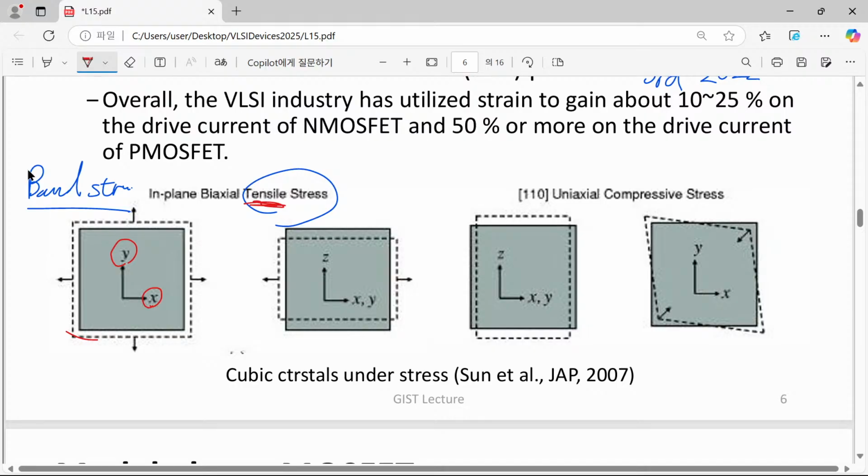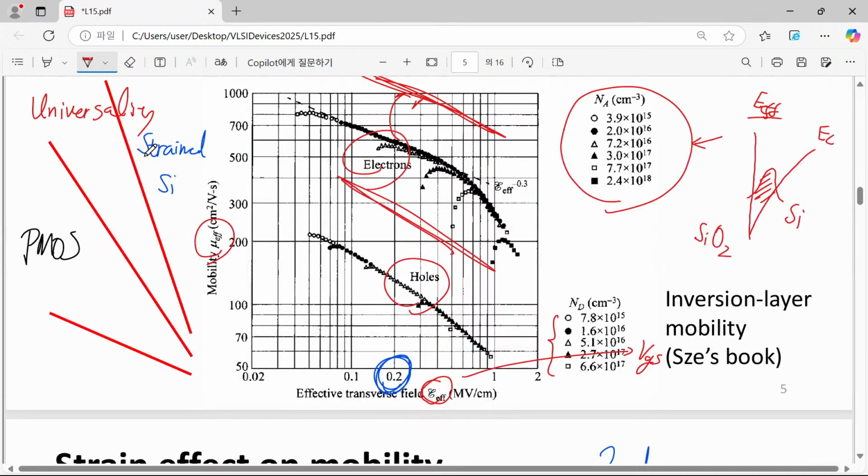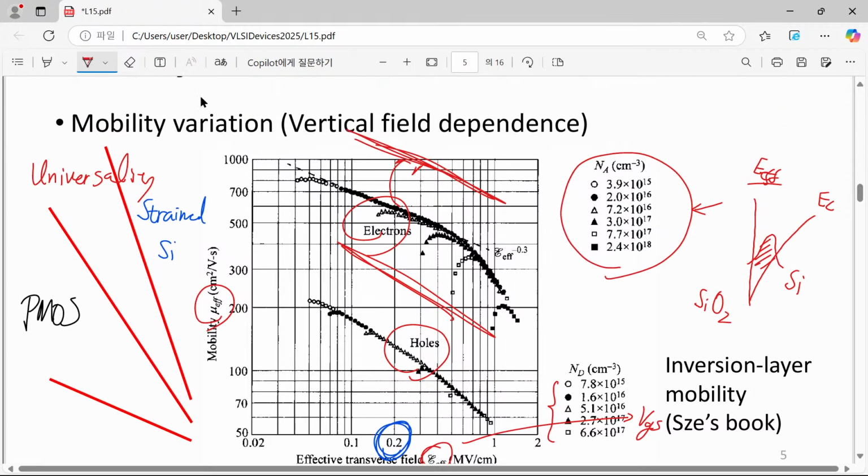So if we introduce expansion along the transport direction, then we can increase electron mobility. Simply speaking, if we introduce so-called tensile stress to our electron channel, then we can increase our electron mobility. How about holes?